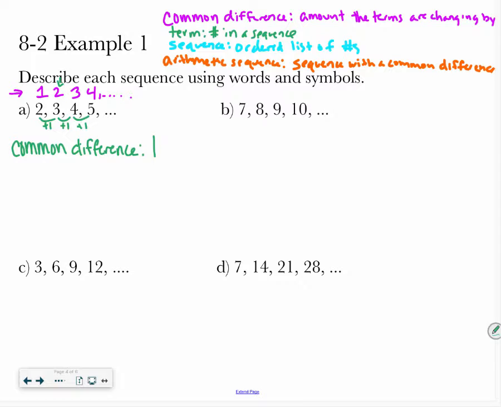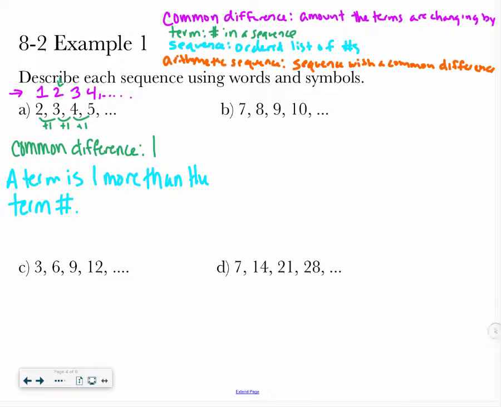So I would say a term is 1 more than the term number, because my first term is 2, and 2 is 1 more than our term number of 1.